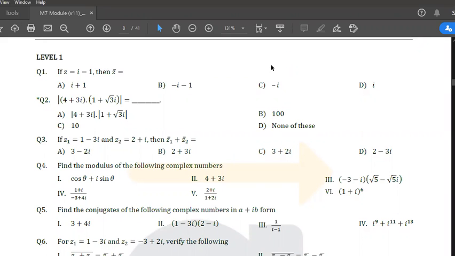Okay, multiple choice. Star mark means multiple choice. So see, अभी तो property था mod of z1 into z2 is equal to, मैंने क्या बोला, mod of z1 into mod of z2, yes or no? ये तो सही है, है ना?